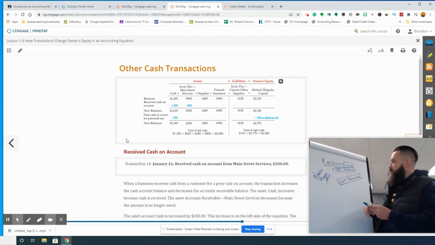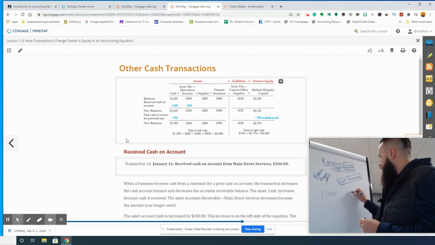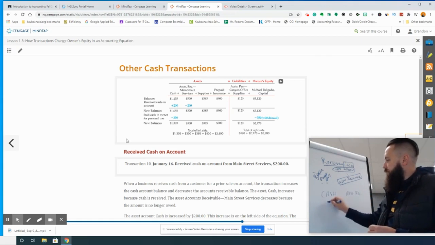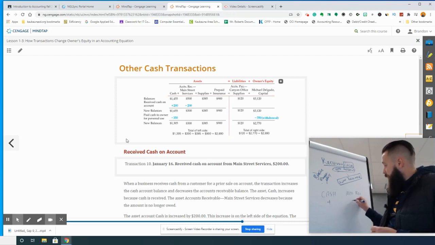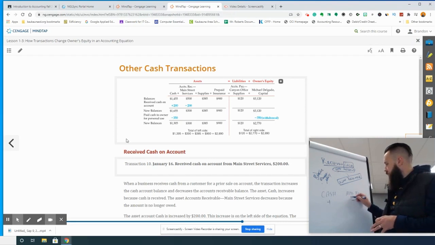So the 2 accounts that are affected, once again, are cash and accounts receivable. And when we look at this, what's going to happen with cash? Well, we received it, so it goes up. And accounts receivable now is actually going to go down because this is the account of how much somebody owes us. So this was Main Street, remember? Now Main Street owes us less money.